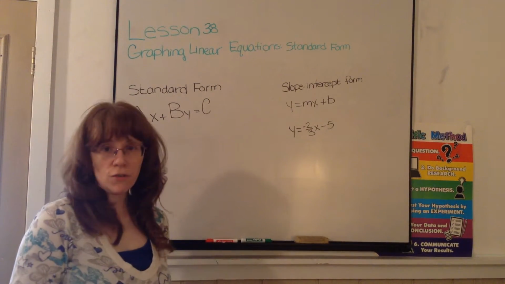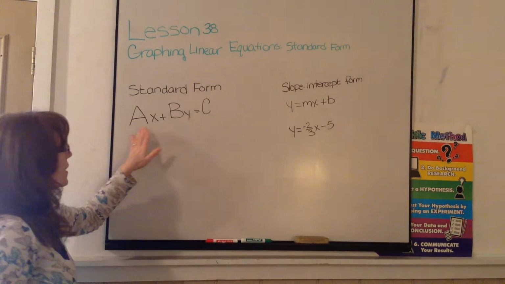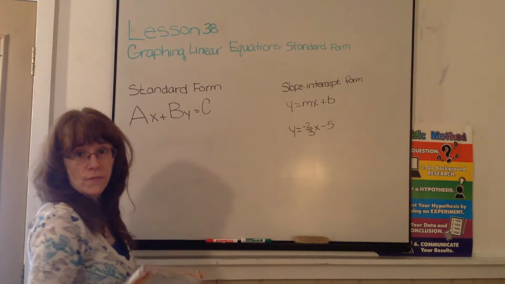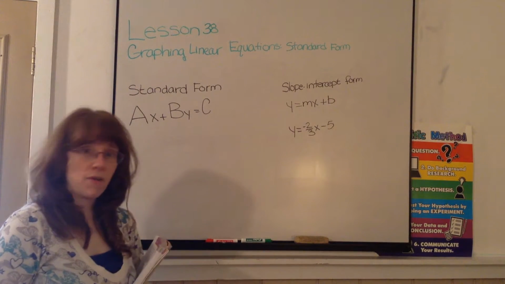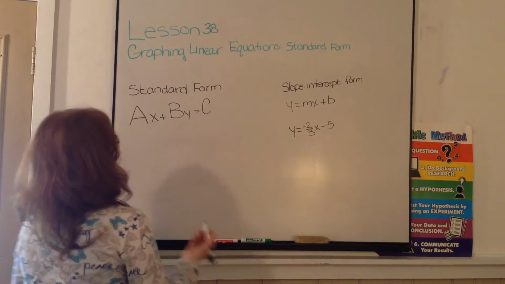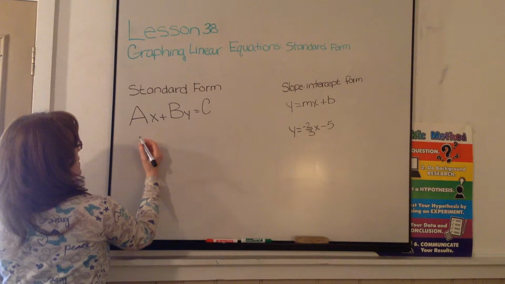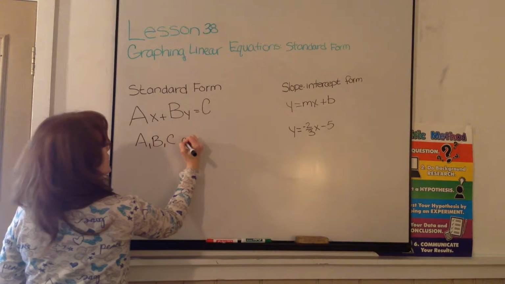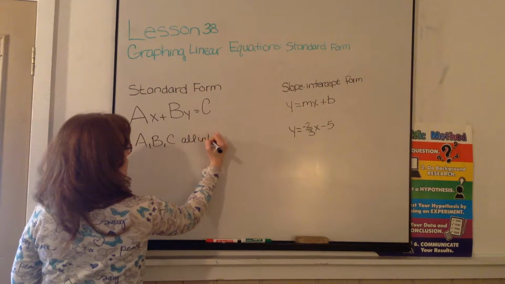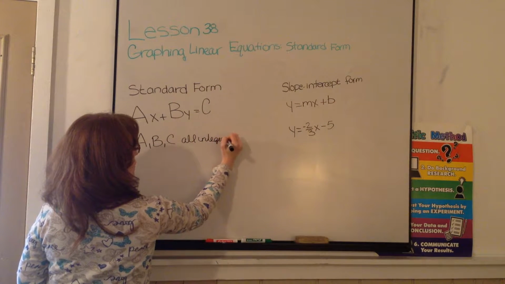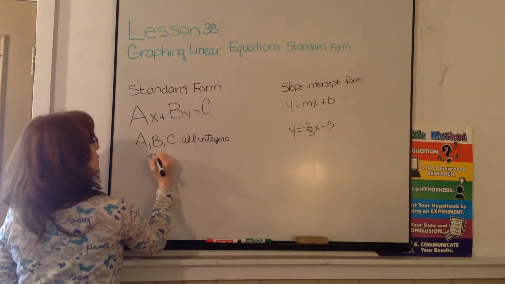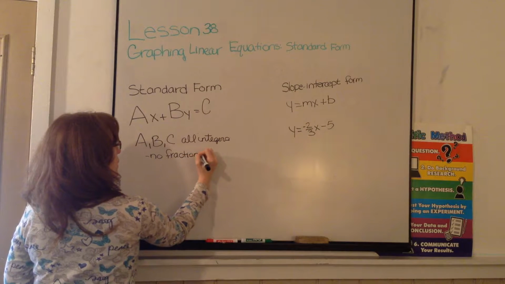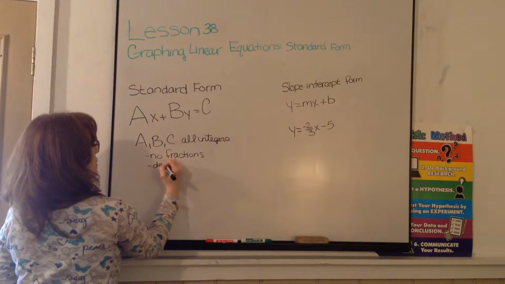Now, standard form looks like ax plus by equals c. And there's a few rules that we have with standard form. The first rule is that a, b, and c are all integers. That means no fractions and no decimals.